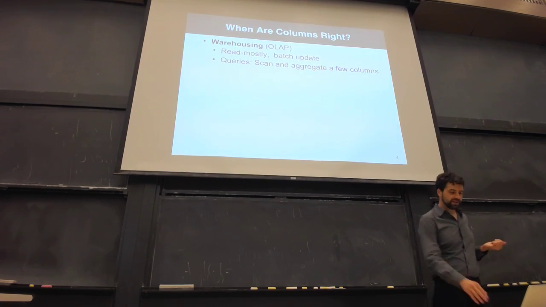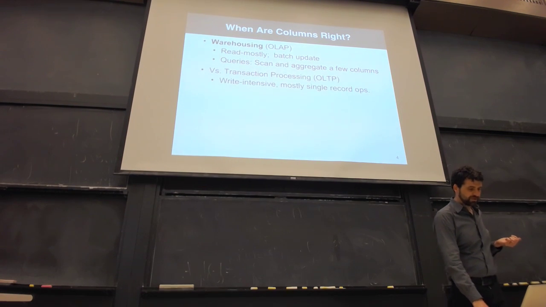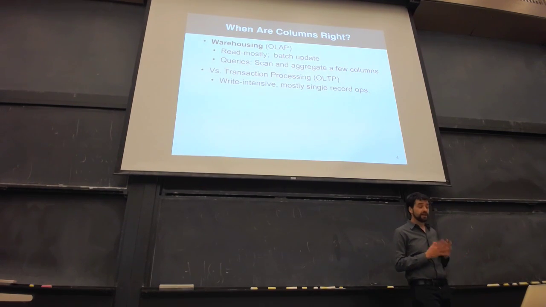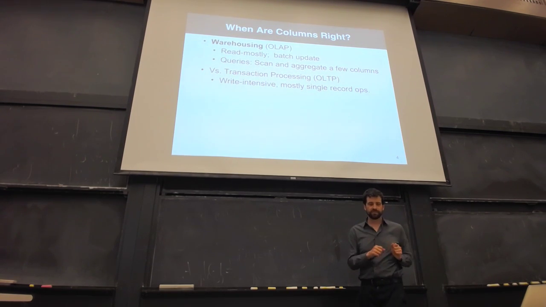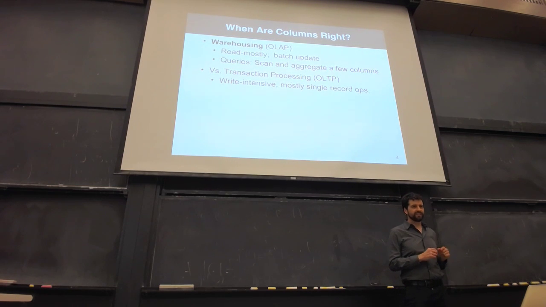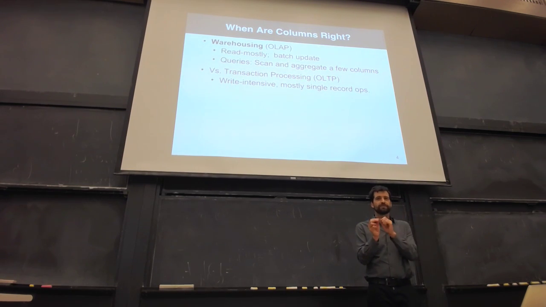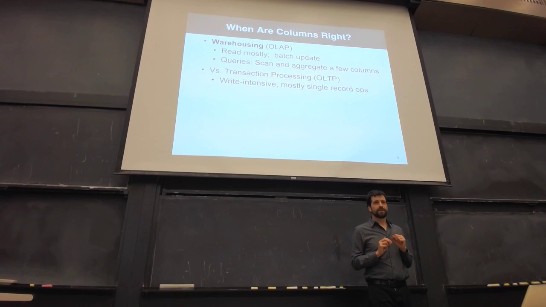The queries are really these big scan and aggregate workloads. This is in contrast to OLTP, online transaction processing workloads, which are more like the things that are happening at point of sale terminals or ATMs, or when somebody puts something in their shopping cart on Amazon, where you have to do a little update of a single record. You have to insert a whole new record.